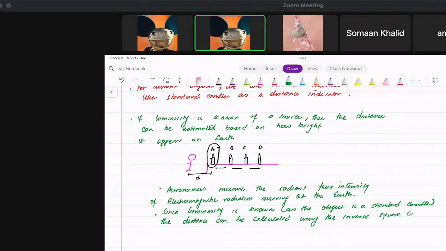What is that? F equals L upon 4 pi D squared. That's how we're going to get quantitative data. Is that clear now? Yes, sir.